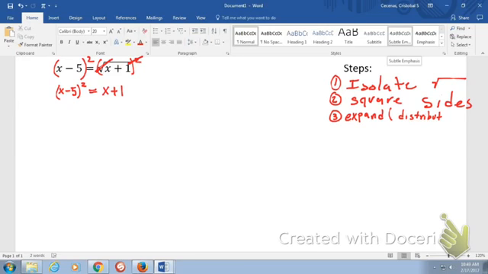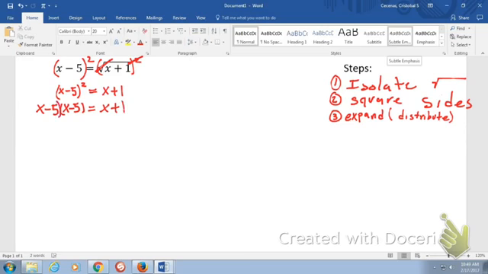So when we distribute, we're basically going to write this right here. We're going to expand it and write it 2 times. So we're going to write x minus 5 times x minus 5 is equal to x plus 1.